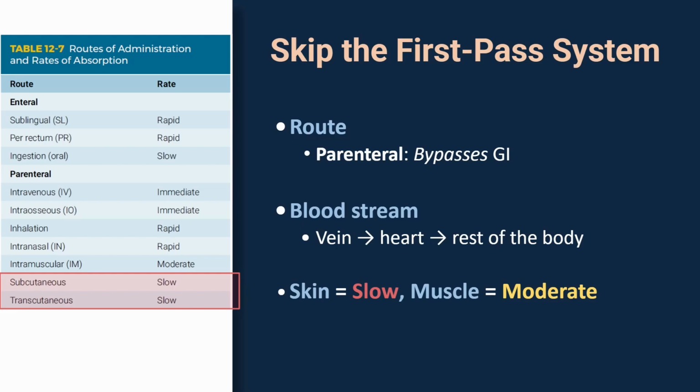The IM is a moderate absorption, muscle, moderate, right? It takes me a while to remember the speed of a lot of these things, but I work backwards off of these easy little tricks. Stomach is slow, skin is slow. Everything else is fast, except for the muscle, which is moderate, also starting with an M.